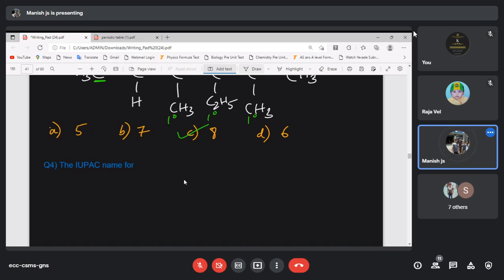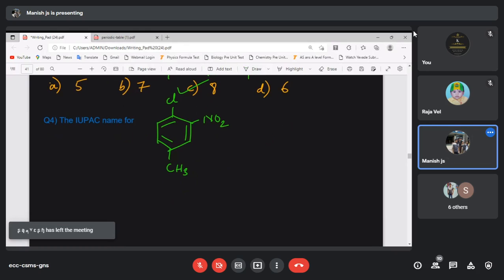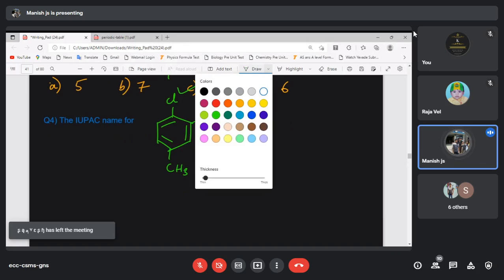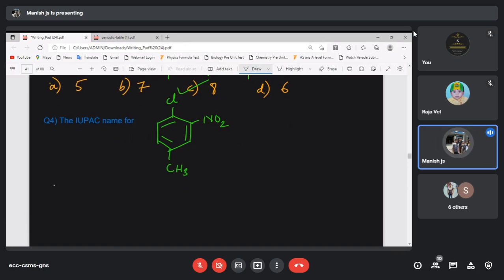So you have to find its IUPAC name. So do the IUPAC naming. I'll give you the options meanwhile. So try out the naming for this.